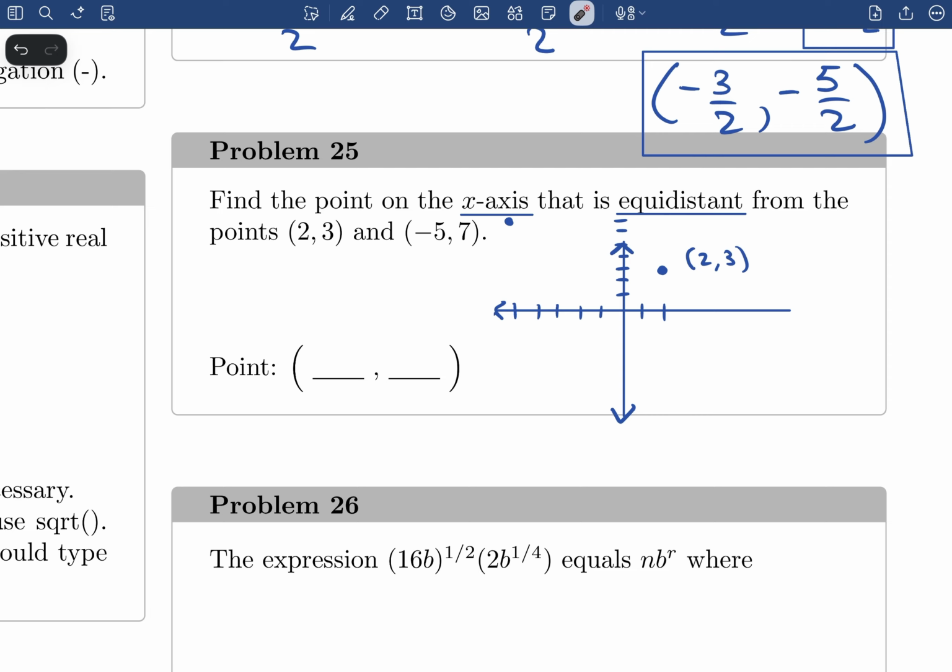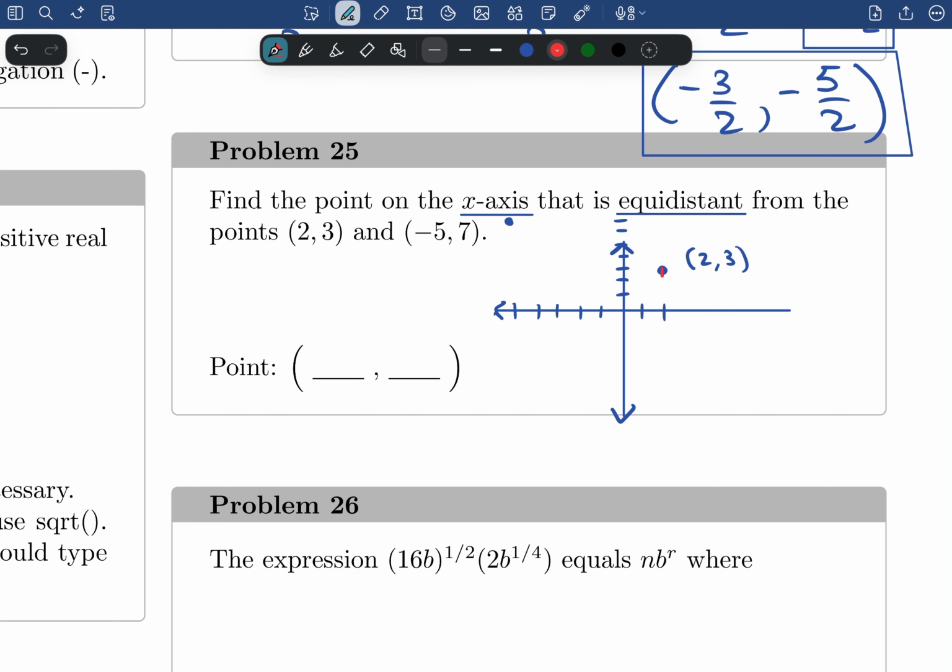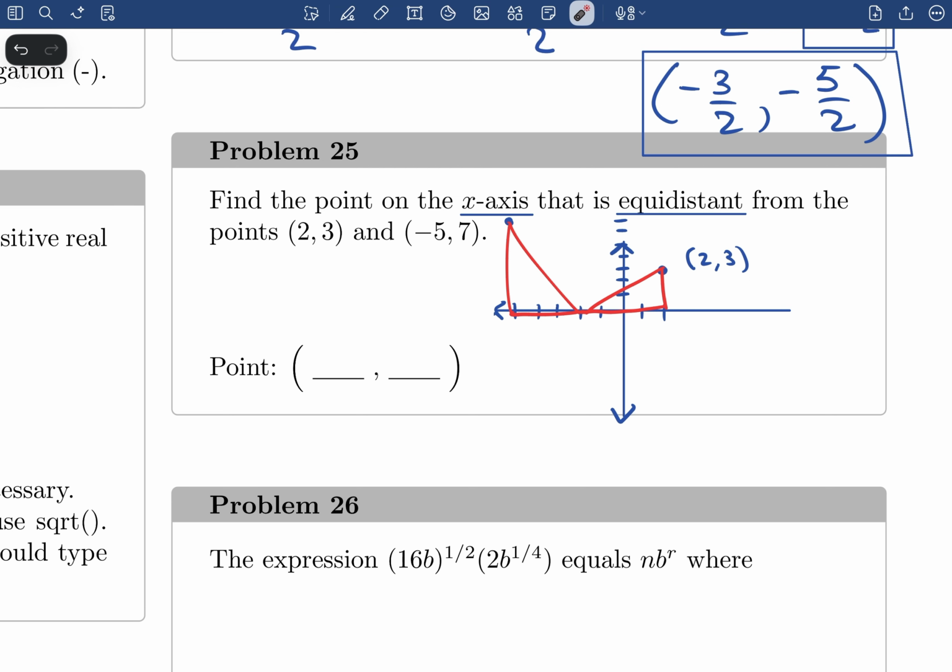And one thing that you could consider doing is thinking, okay, if we create a right triangle for this situation, and a right triangle for this situation, when will the hypotenuses be equal to each other? At what location on the x-axis will the hypotenuse of this right triangle be equal to the hypotenuse of this right triangle?